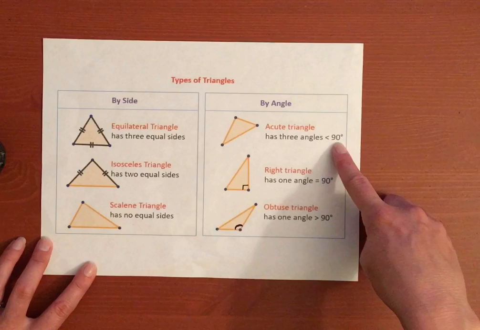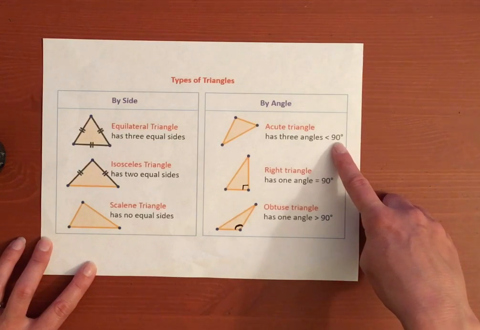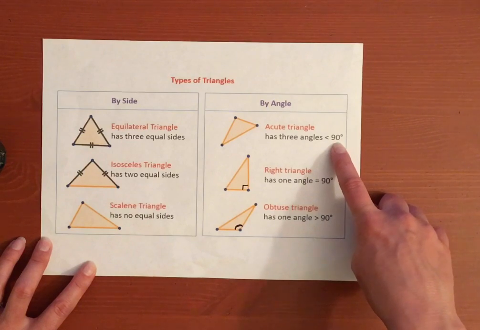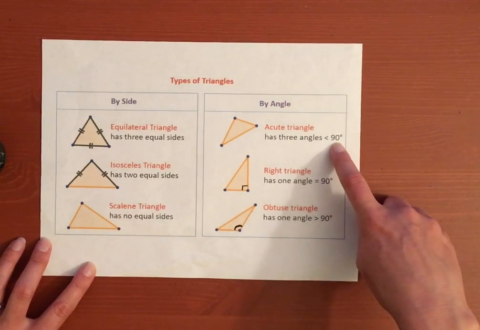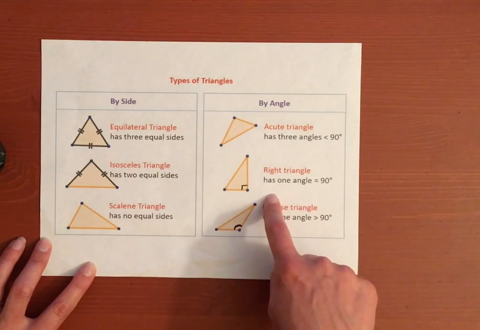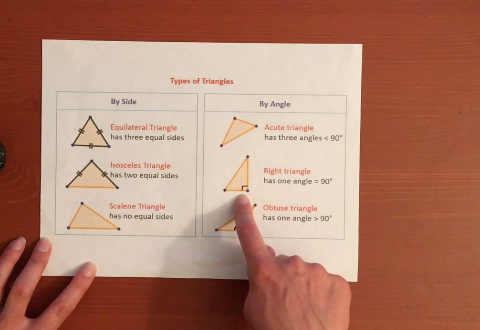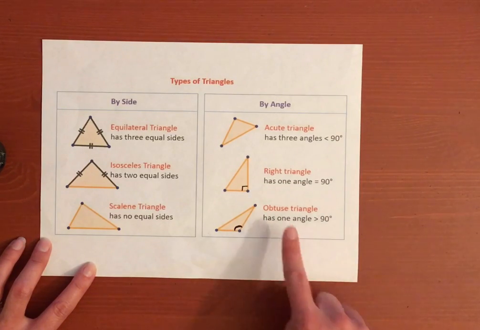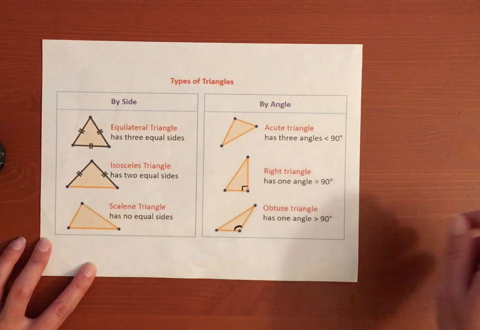An acute triangle has all 3 angles that are less than 90 degrees. And remember, an acute angle is less than 90 degrees. Aw, how cute. It's so little. A right triangle needs to have 1 right angle or 90-degree angle. And an obtuse triangle has to have just 1 angle that is greater than 90 degrees.